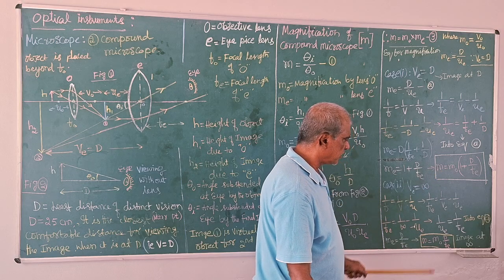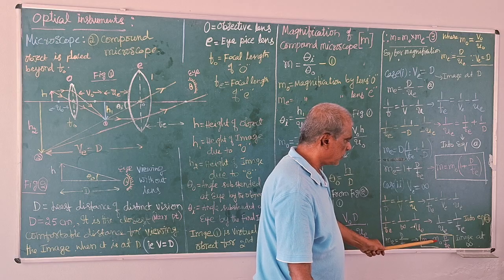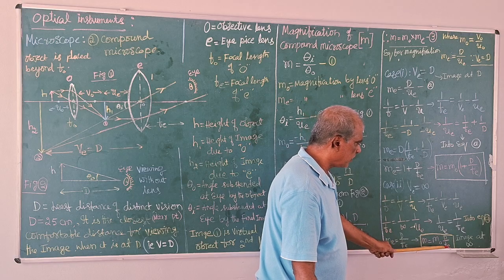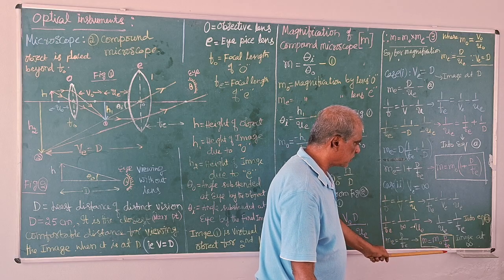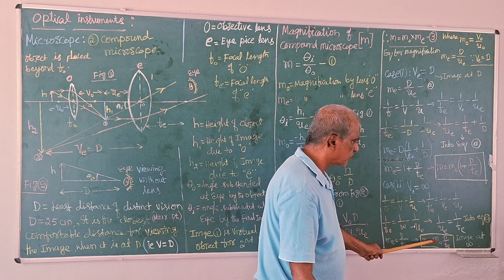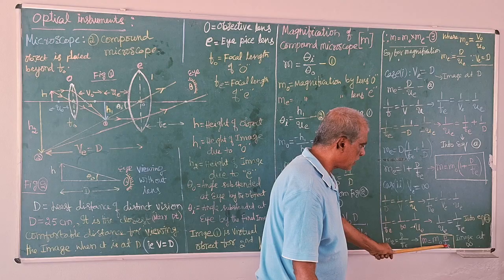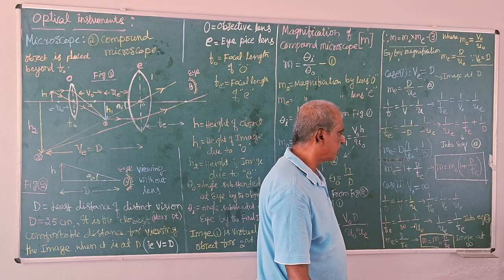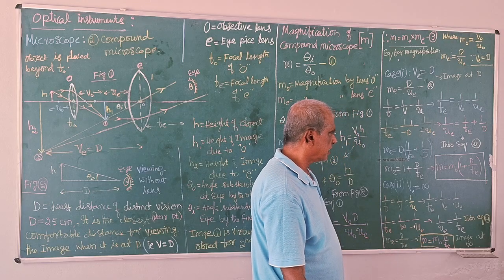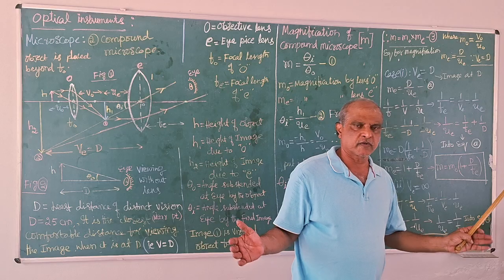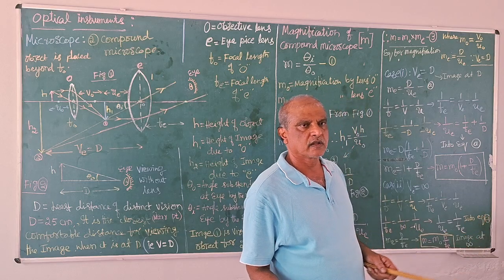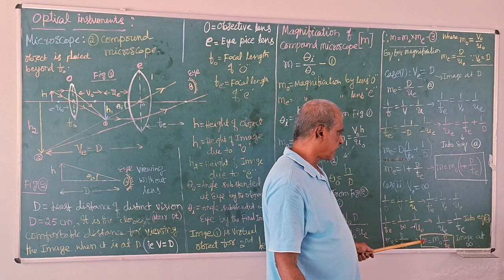Suppose we get the image at infinity, m is equal to m0, which remains the same, times d divided by fe. That is, d is constant. It is also inversely proportional to fe and directly proportional to m0. Higher the value of m0, higher is the magnification power. And in between, wherever the image comes, it is visible. Accordingly, we can calculate the magnification power.